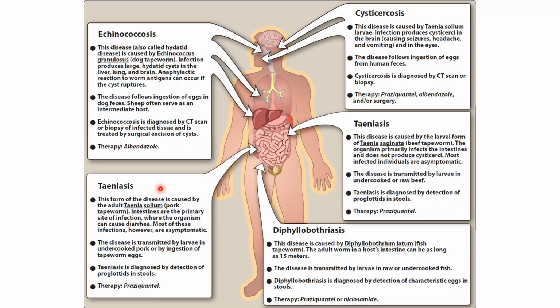So a laxative is administered prior to the oral administration to purge the bowel of dead segments and to prevent the digestion and liberation of the ova, and it is also contraindicated with alcohol.